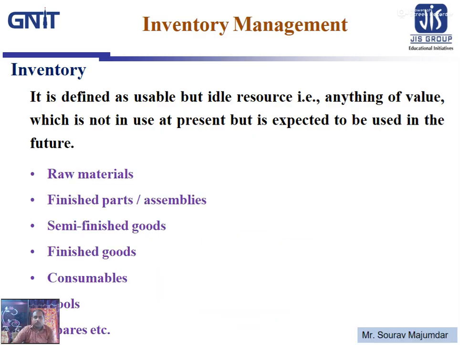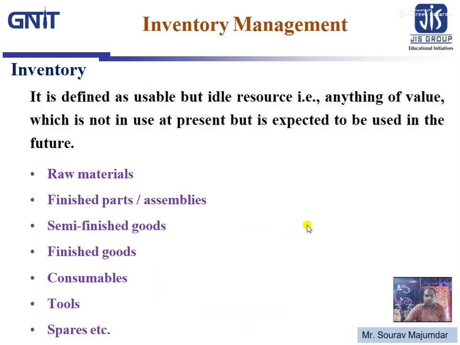So what do you mean by inventory? Inventory is defined as usable but idle resources, that is, anything of value which is not in use at present but is expected to be used in the near future. That will be defined as an inventory.